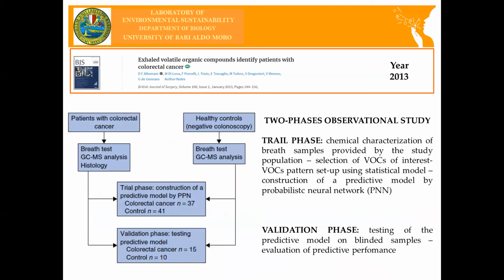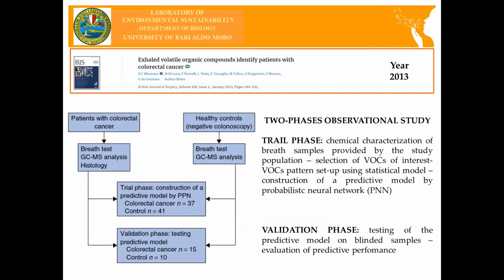The study was designed in two subsequent phases. The trial phase was based on the chemical characterization of breath samples provided by the study population. This phase allowed us to identify 58 VOCs of interest and to set up a VOC pattern for discrimination using a multivariate statistical model, the probabilistic neural network.